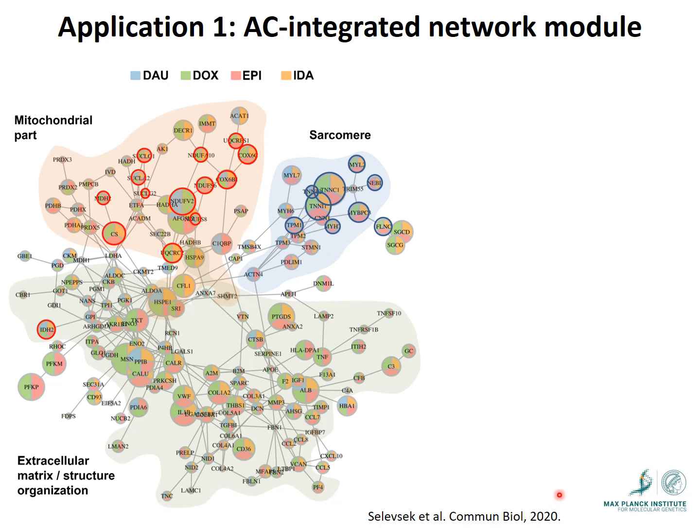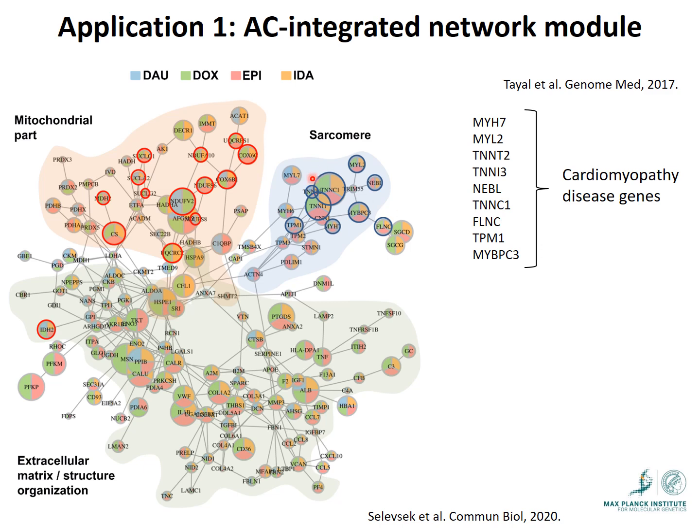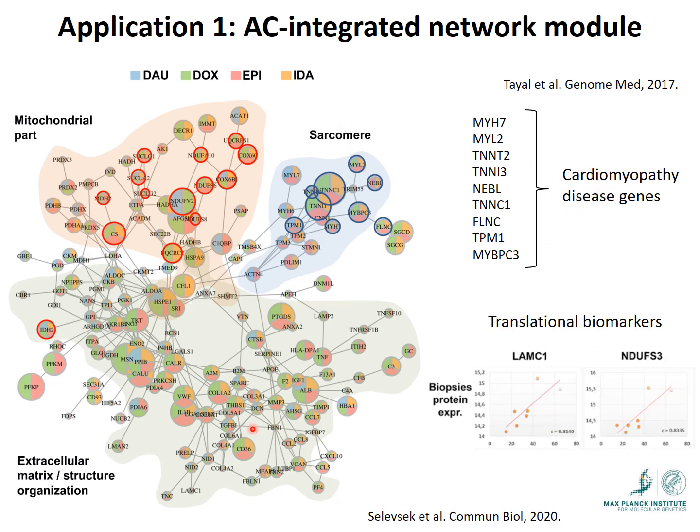This has also been published. What we observed is that many of the sarcomere genes are already cardiomyopathy disease genes, and that from the network we can derive translational biomarkers which are expressed in patient biopsies and are correlating with the clinical parameter, in that case the left ventricular ejection fraction.